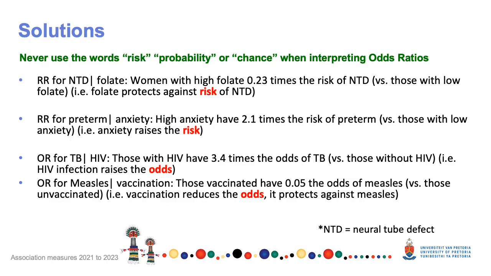Go through them slowly. You can pause the video again and go through them. Pay special attention. When we're talking about risk ratios or relative risks, we talk about risk. But when we talk about odds ratios, we may not talk about risk. Instead, we talk about differences in the odds. Please, it's a very important distinction. Please do not fall into the trap of using risk when it's inappropriate to do so.